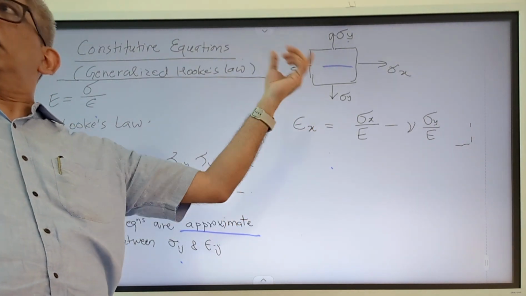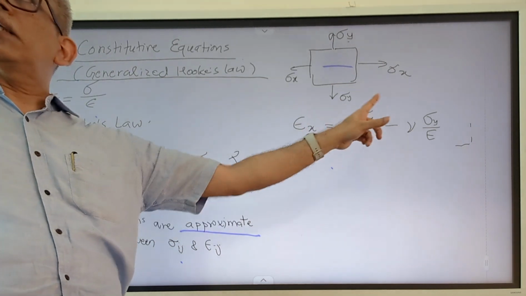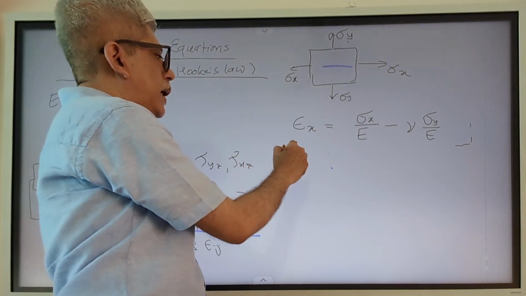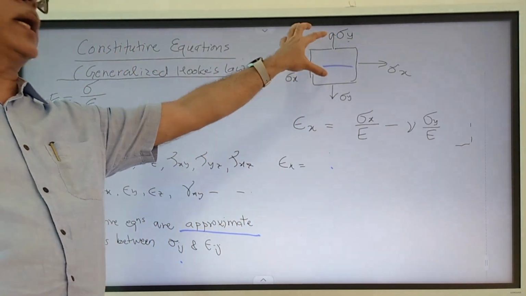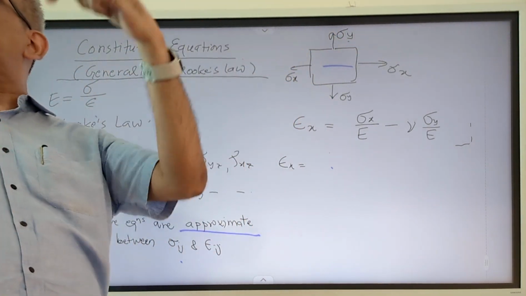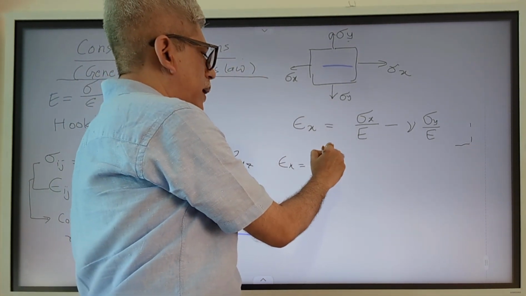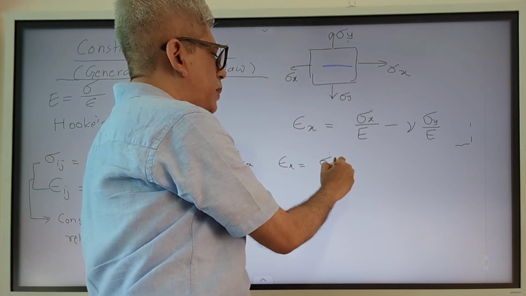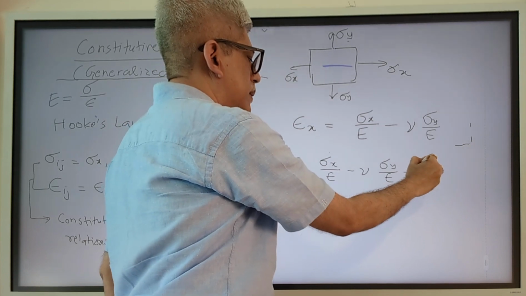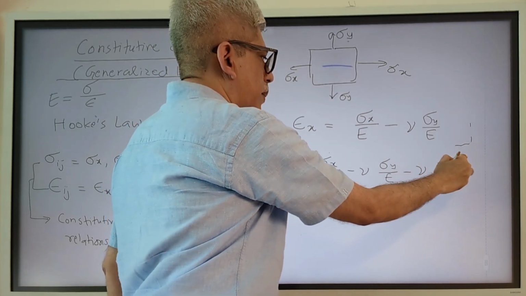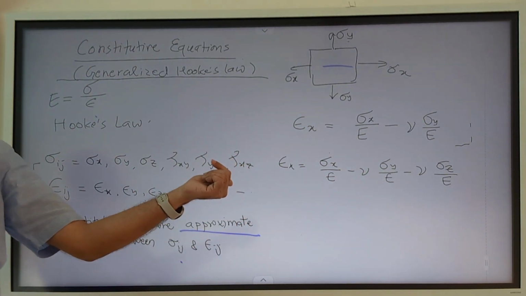This is what we have already come across earlier in strength of materials. We can generalize this for 3 dimensions. Instead of a rectangular plate, if you consider a cube and all 3 faces of the cube are pulled, you will get the equation epsilon x equal to sigma x by E minus nu times sigma y by E minus nu times sigma z by E. So that is the equation we'll get.